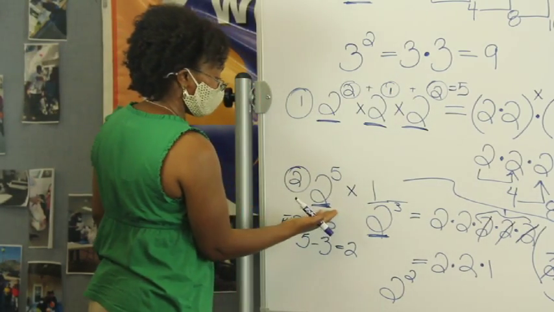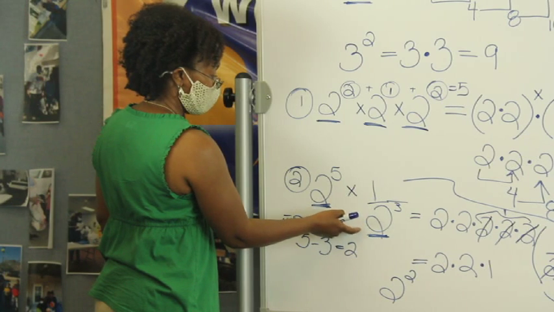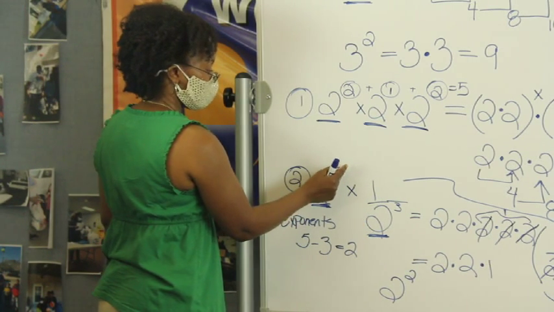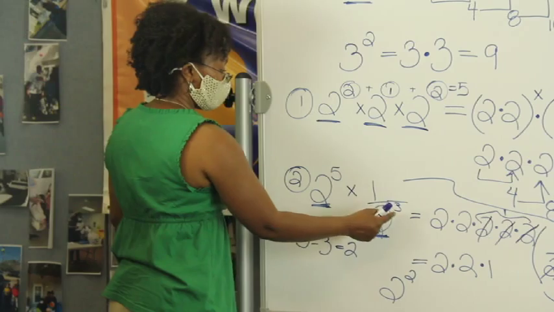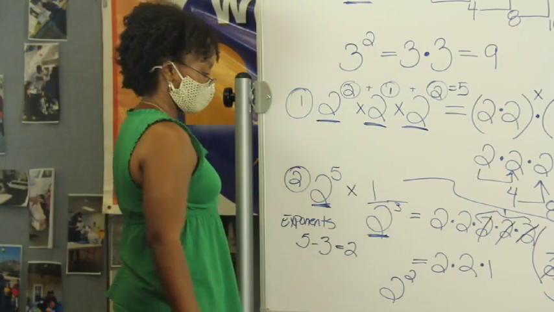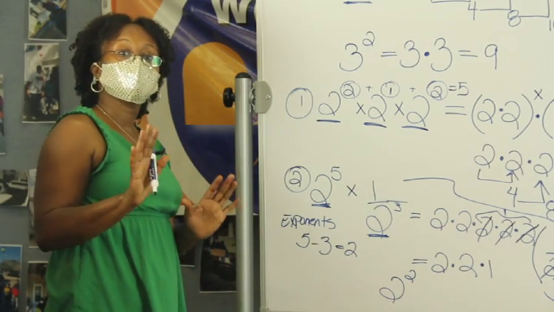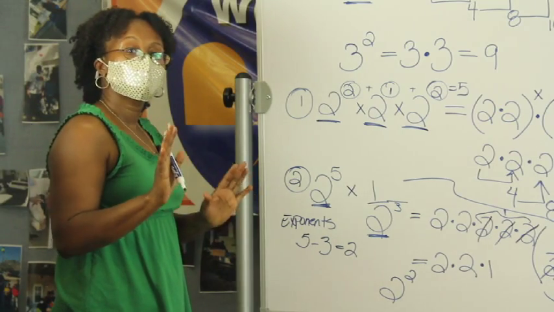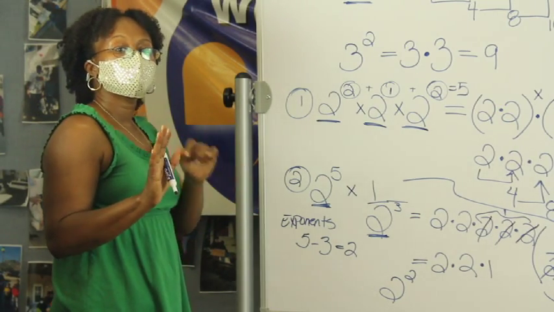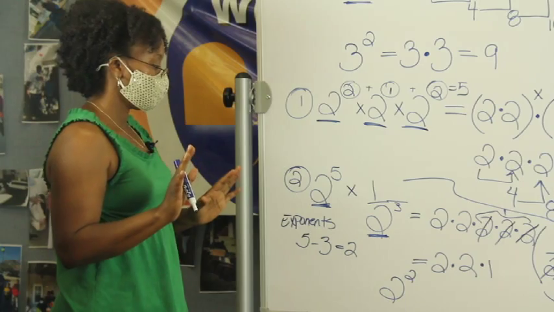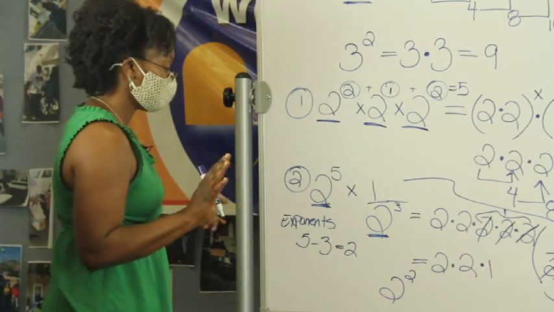But when you're dividing it, because this is on the bottom, you subtract this exponent and this exponent, okay? I hope I didn't confuse anyone. If you feel confused, this is a time to make sure that you get some more help with this, okay? But hopefully you understand.